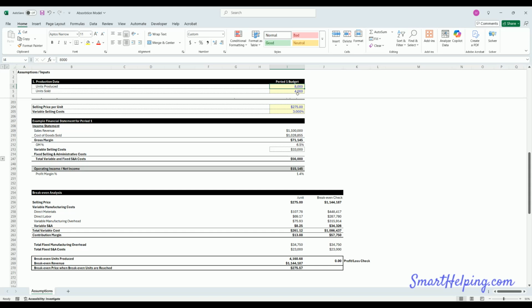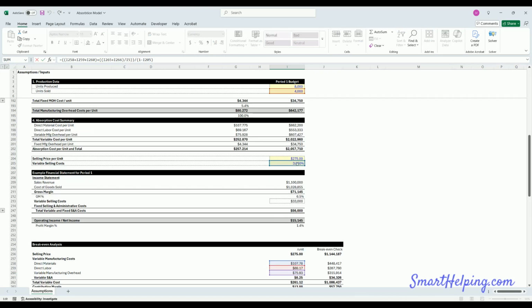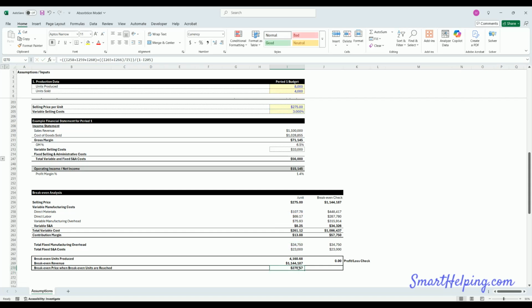But if I change the units sold, it's affecting the break-even price. This is a big complicated thing because we have to account for this variable selling cost, and we don't want changing the variable selling cost to affect the break-even price, because it shouldn't.